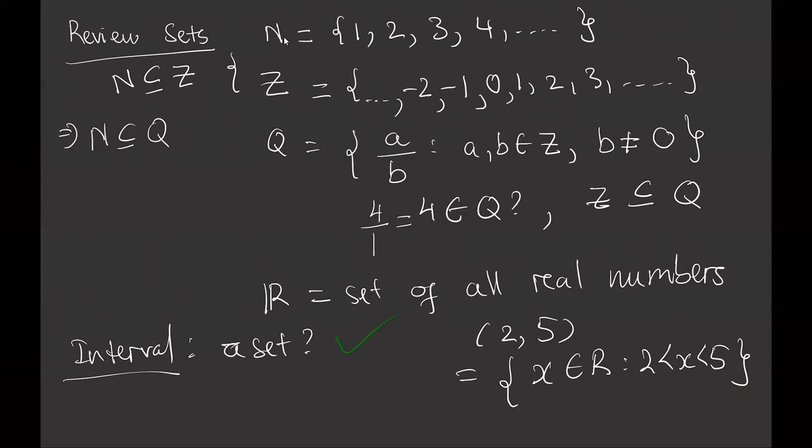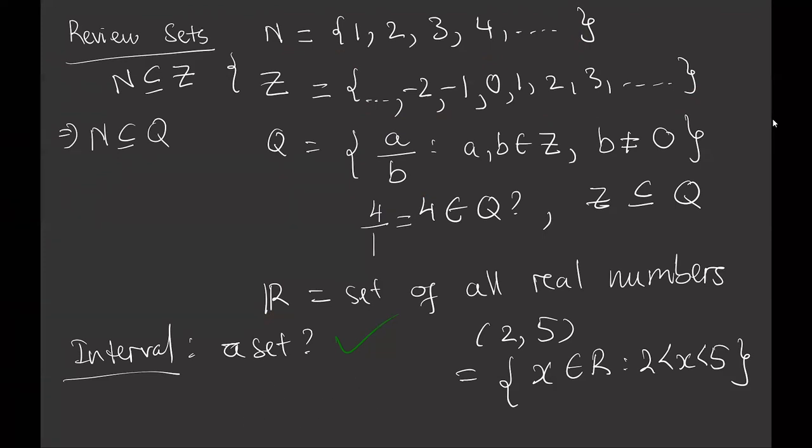But on set f equal fx value, everything that looks like this is a set. Everything that can be defined using the curly brackets like this is a set. That's why these are sets as well, like the set of natural numbers, the set of real numbers. So an interval is a set.